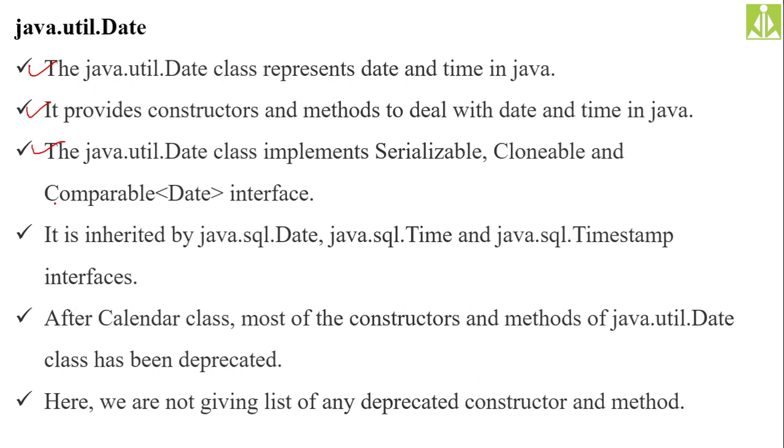But with respect to the date class, you can compare two date class objects with one another, whether they are same or different. Likewise you can get the comparison, okay. So java.util.date class implements the Serializable, Cloneable, and Comparable interfaces, okay.